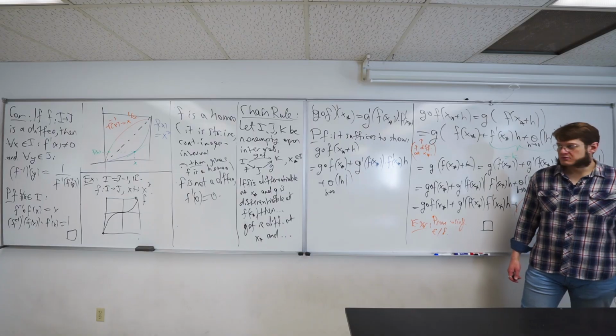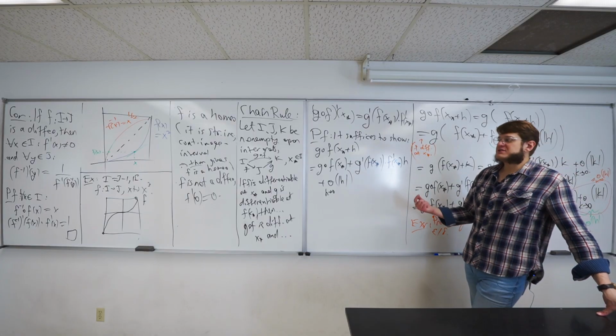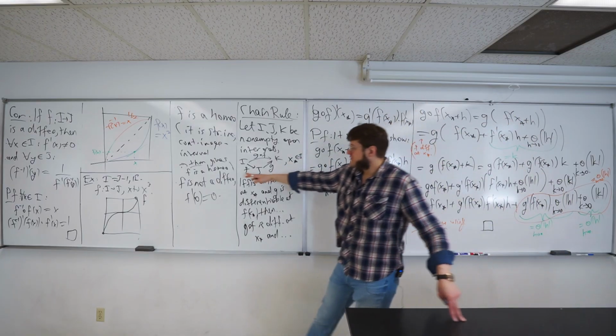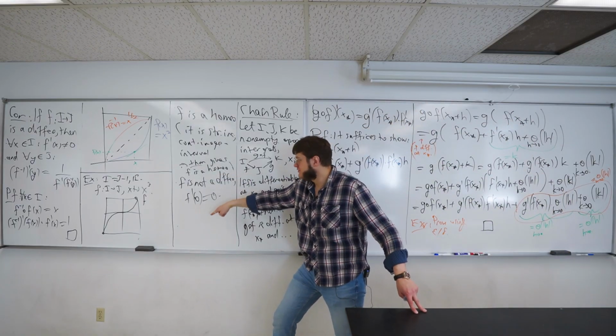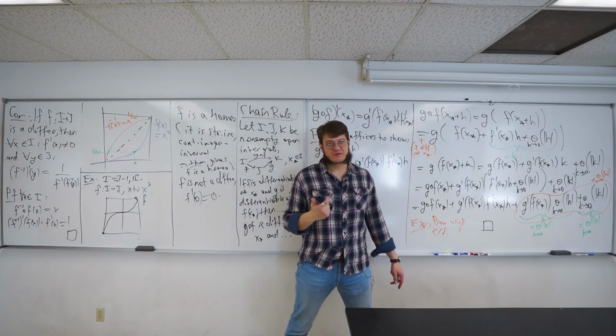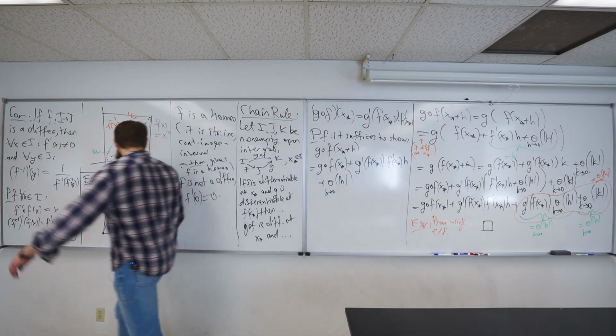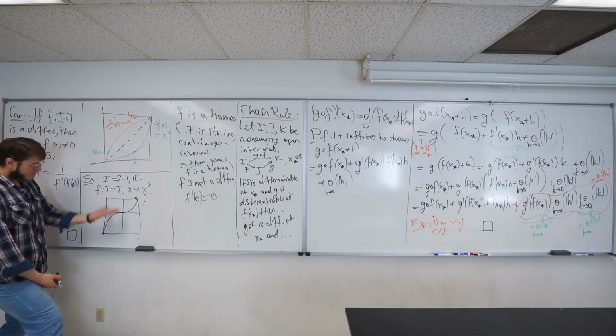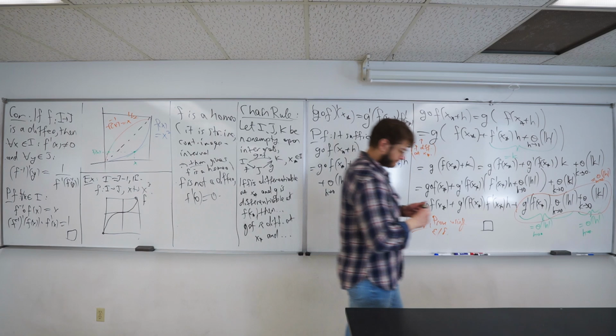It is a differentiable function. It has an inverse, but the inverse is only continuous. It's not differentiable. Why? Because geometrically, what is f inverse? Well, you look at y equals x and flip the picture.